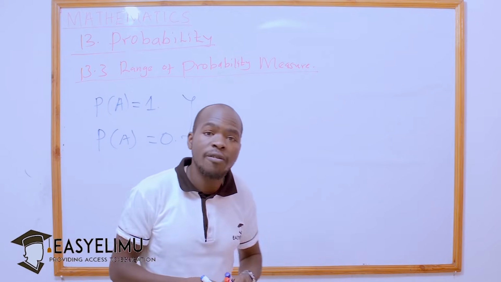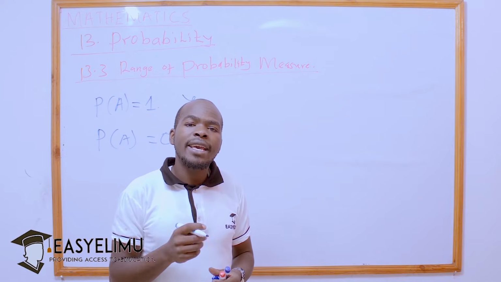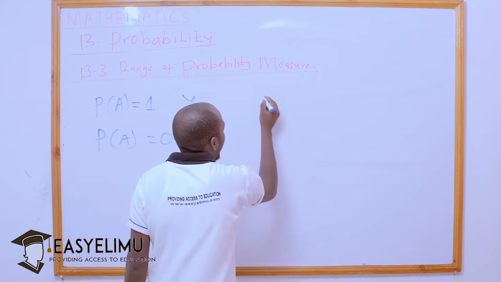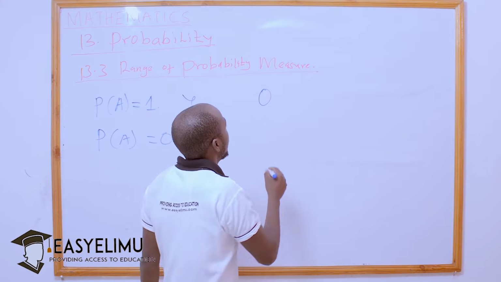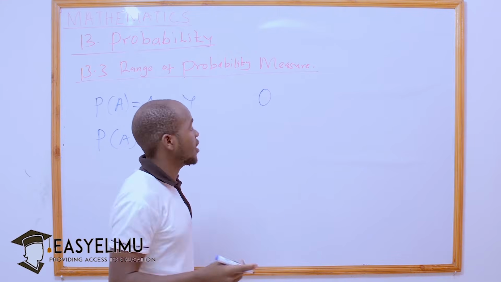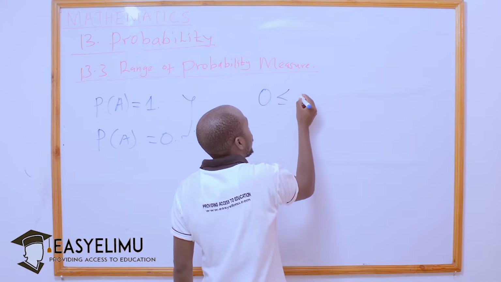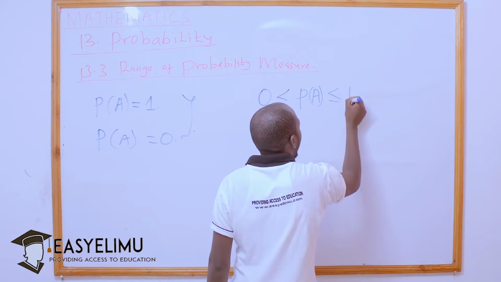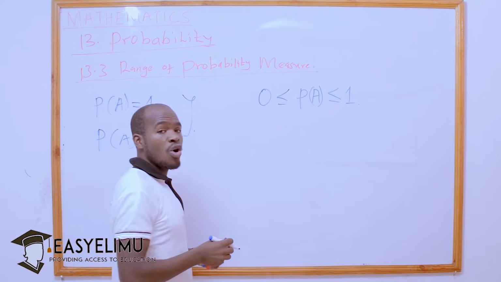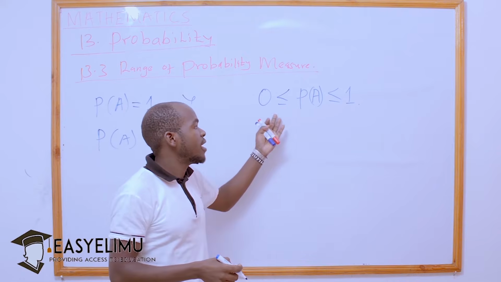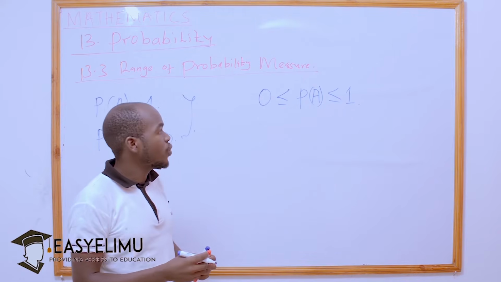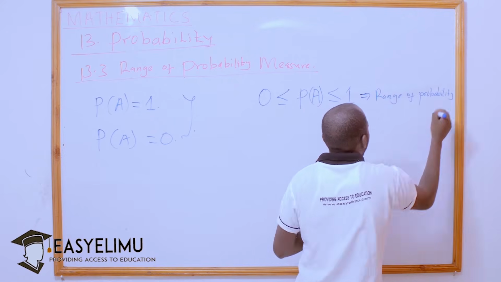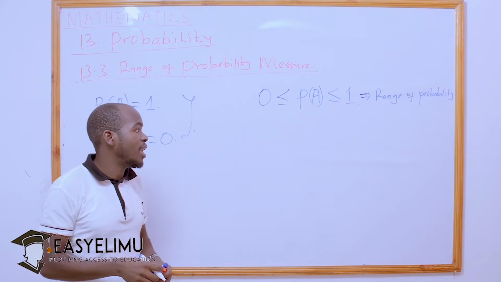And another one, we can find that any given probability will always lie within an interval. Let's say, for example, the probability of A. So you will find this probability of A will always lie within the range of 0 and 1. It can either be 0 or be 1. Whatever you are seeing here is what we now refer to as the range of probability.